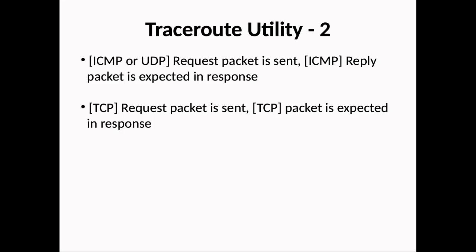Here, if the request is sent out either ICMP protocol based or UDP protocol based, then if the response comes back, it is going to be in the ICMP protocol only. However, if instead TCP protocol is used for sending out the request, then the response again, if it comes back, is also TCP based.